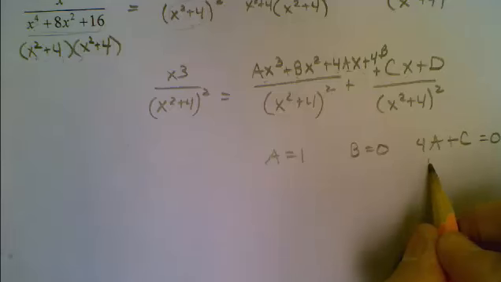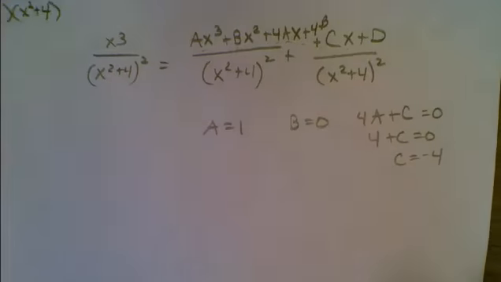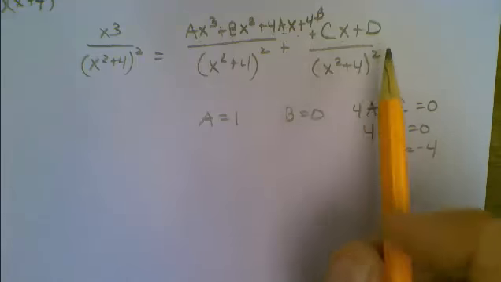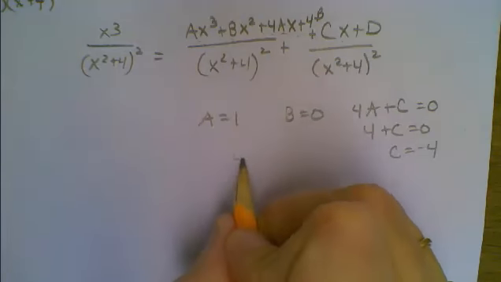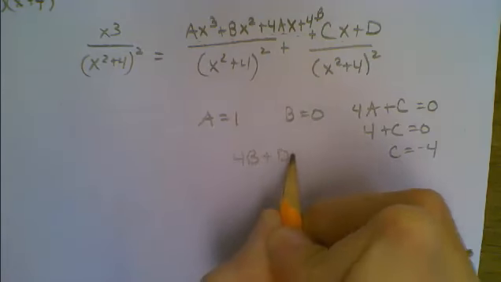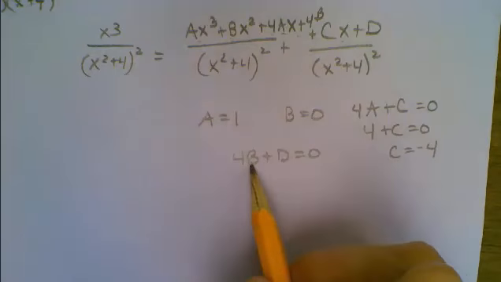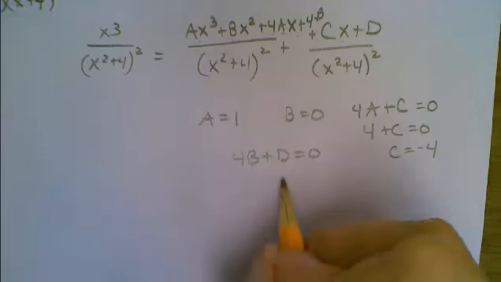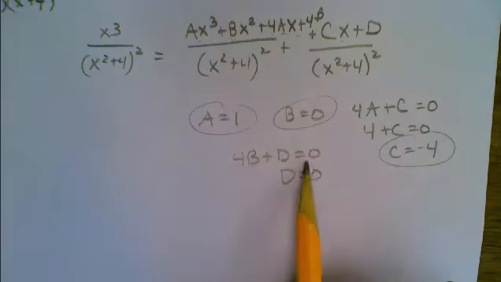And if a is 1, c is going to have to equal -4. Oops, sorry, I'm running out of room there. And then for the numbers, I have 4b plus d has to equal 0. And since b already is 0, that tells me d also has to be 0. So I got my a, b, c, and d.